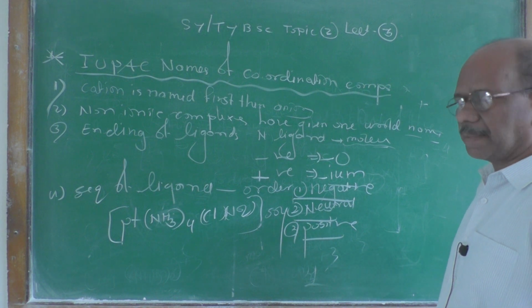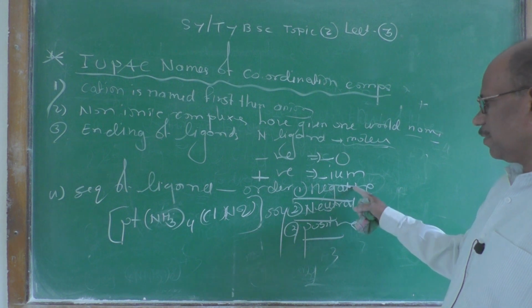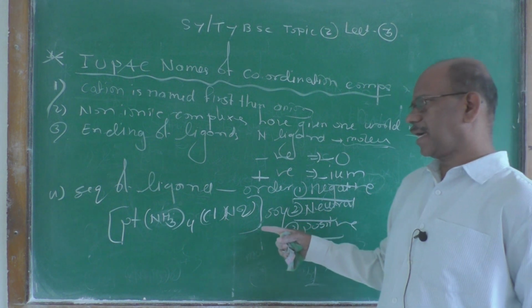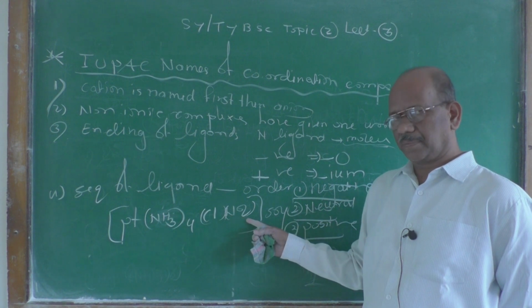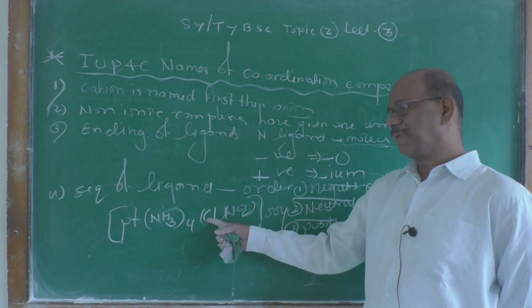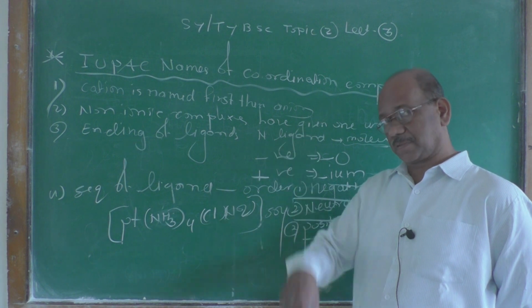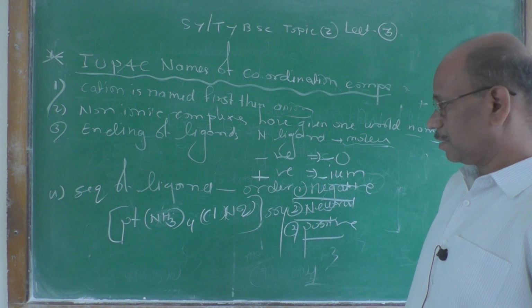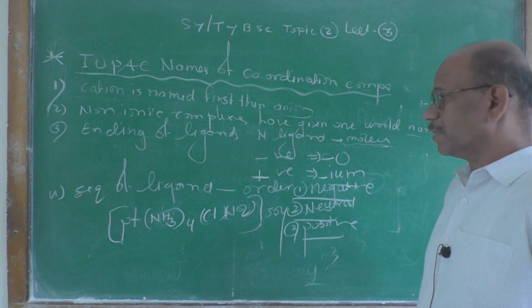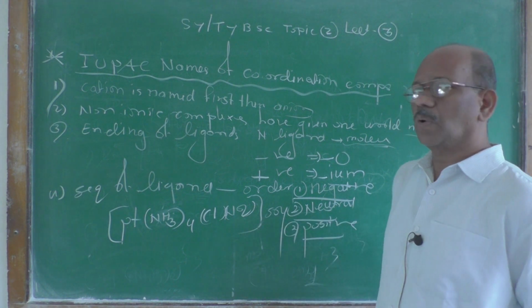So I have to give the name. First negative, 2 negative ligands are there. One is chloro, another is nitro. Now again alphabetically we have to see which is first. Chloro is first, A, B, C, then nitro. We never say nitro, chloro.